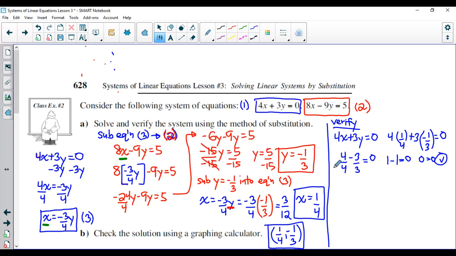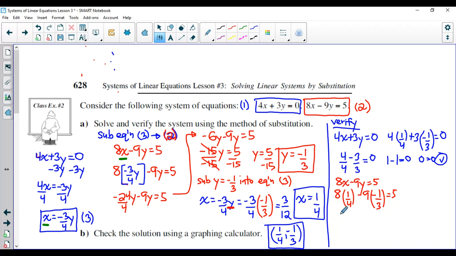Okay, let's verify the second equation. So you have 8x minus 9y is equal to 5. Again, we're going to plug in those calculated values of x and y. So x is 1/4 minus 9 times y is negative 1/3, and that's equal to 5.